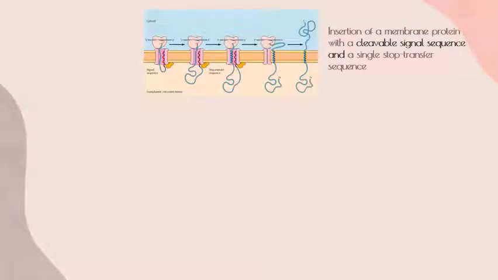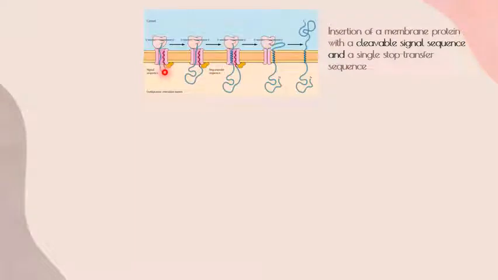The sorting of integral membrane proteins also happens in different ways. We have the insertion of a membrane protein with a cleavable signal sequence and a single stop transfer sequence. Here you can see this type of insertion or translocation will need an N-terminal signal sequence, the red one.